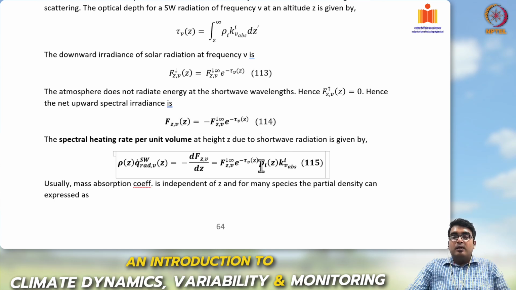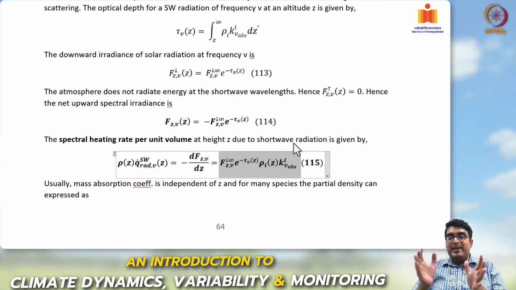So basically we are differentiating this term. d tau nu z dz is basically rho I at z k nu absorption I. So we get this term here. And the negative cancels out because this is negative and this is negative as well.